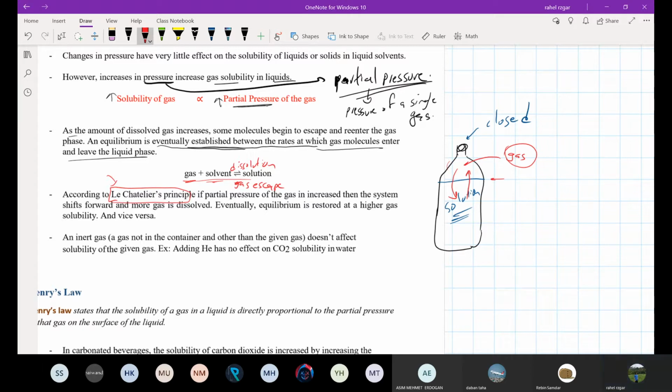What does that mean? Let me write this equation according to CO2. So now we have CO2 with water, let's say. With water, they become a solution. The solution is the soda.